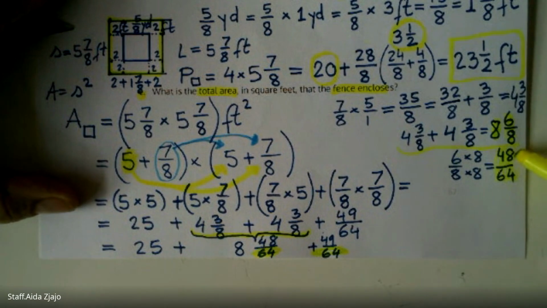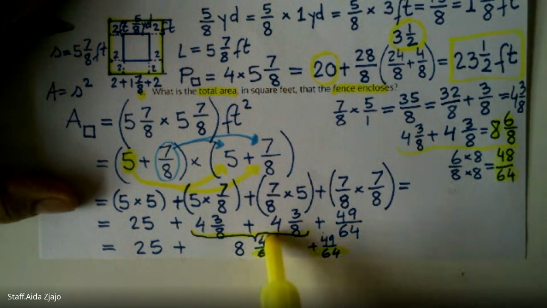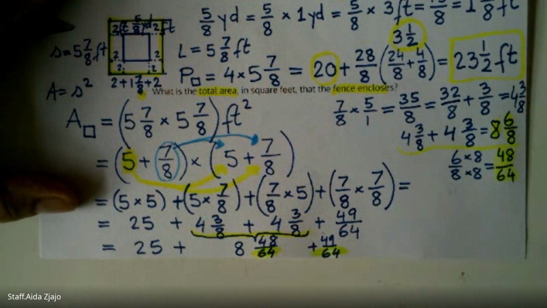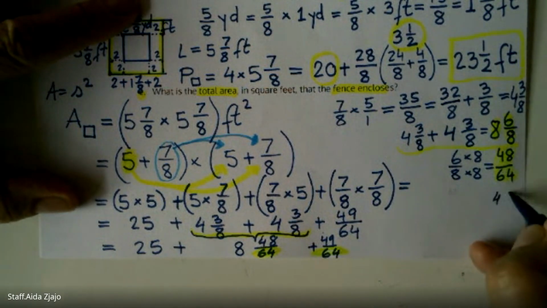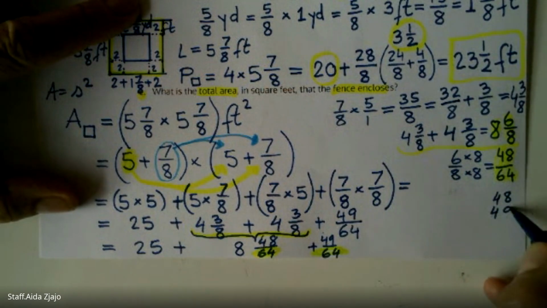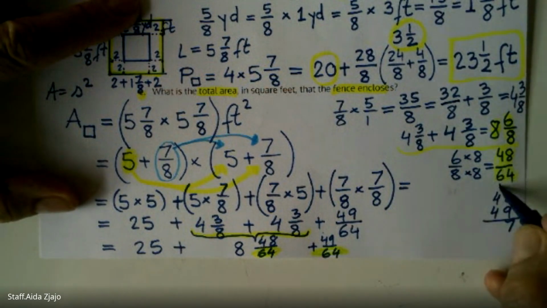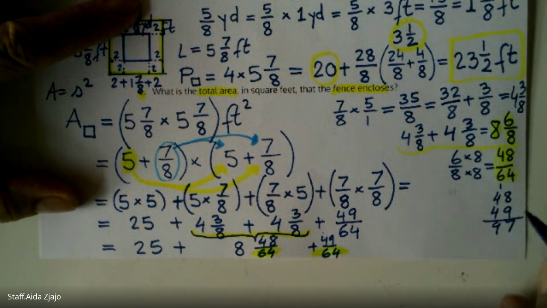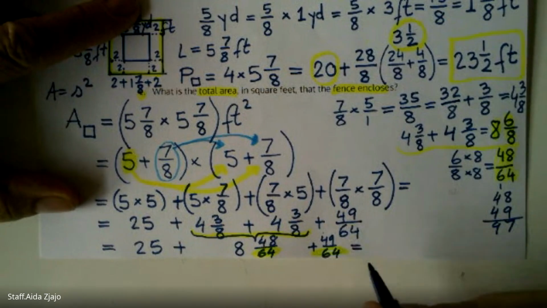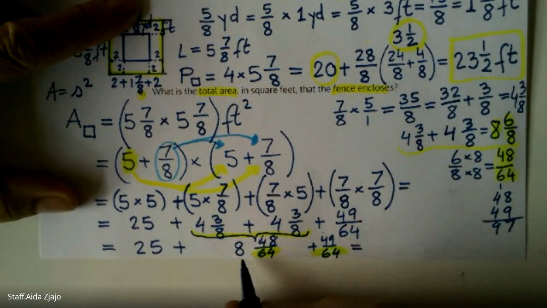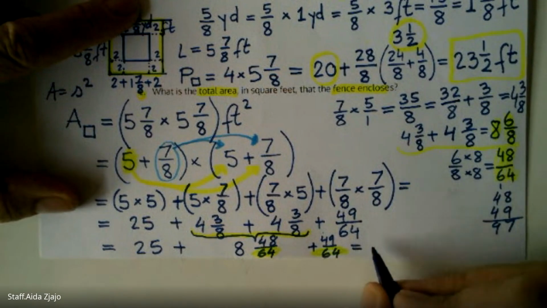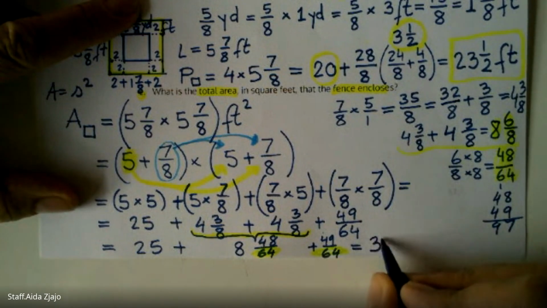And I need to add now 48 plus 49, that is 97/64. So 25 plus 8 wholes makes 33.